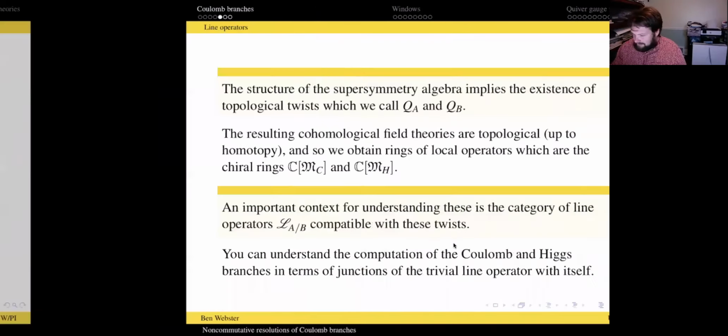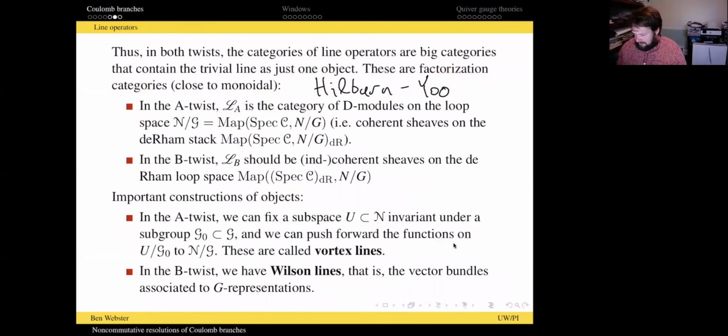More generally, we can construct a kind of line operator in the A-twist called vortex lines, where we fix a subspace in this guy. Remember, this is the Taylor series in N, and we mod out by some subgroup of the gauge group.